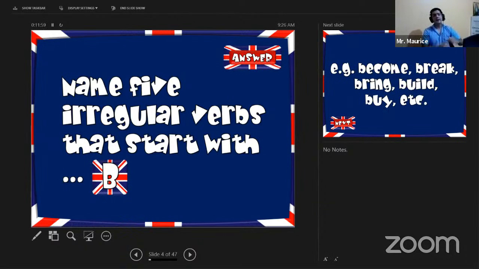Aquí vamos a trabajar ahora con 5 verbos que empiezan con la letra B. Entonces, vamos a categorizar. Ahora, como subtítulo, le vamos a poner verbs, verbos. All right? So, let's see the 5 verbs.